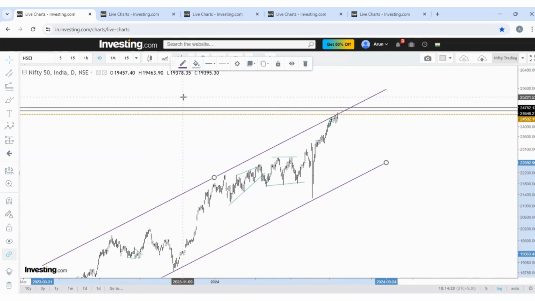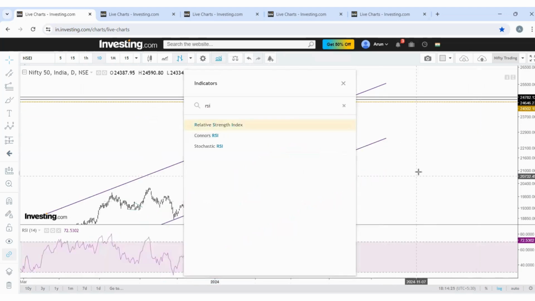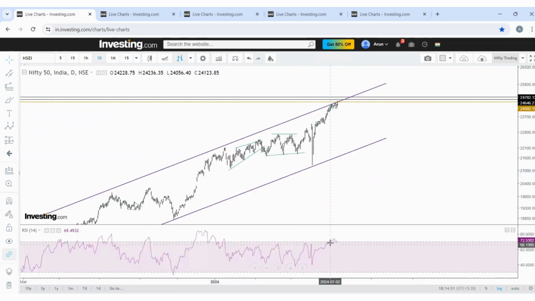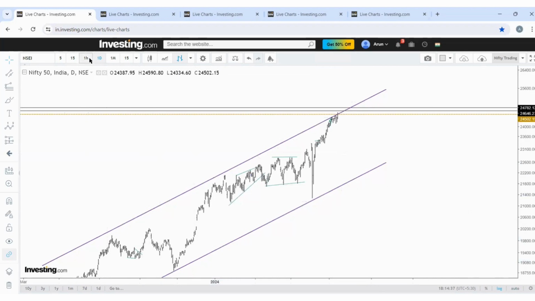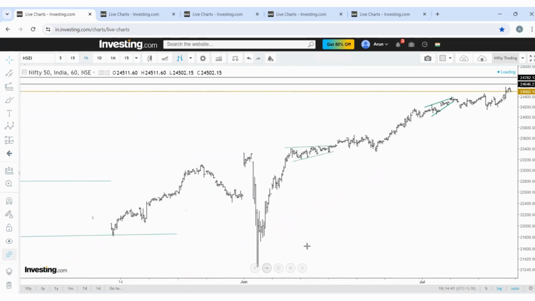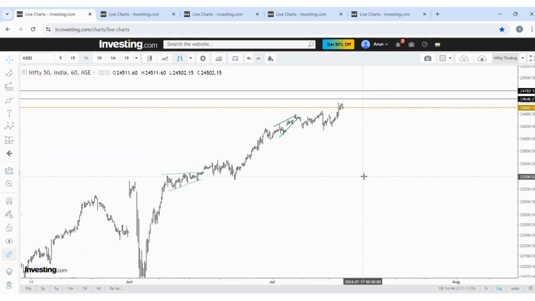Even if I use the RSI, there is some sort of divergence creating at the channel top, and in the hourly also we are expecting resistance around 24,650. So 24,650 is an important level.